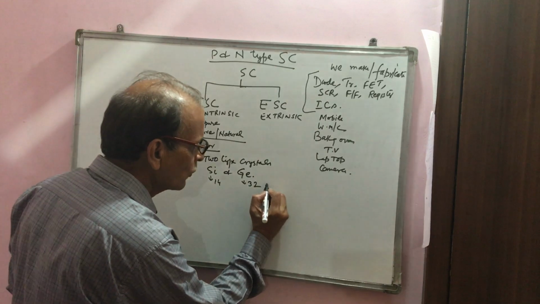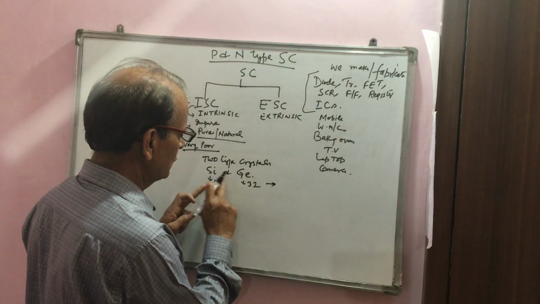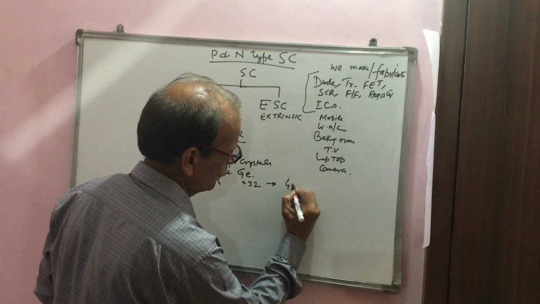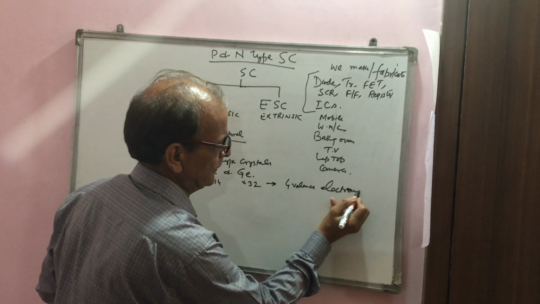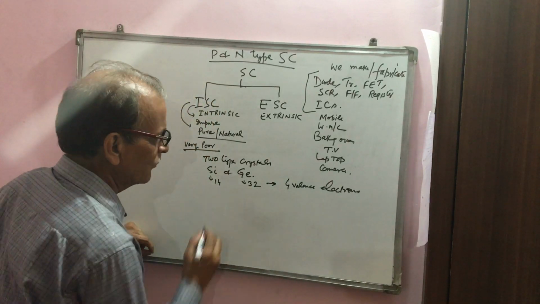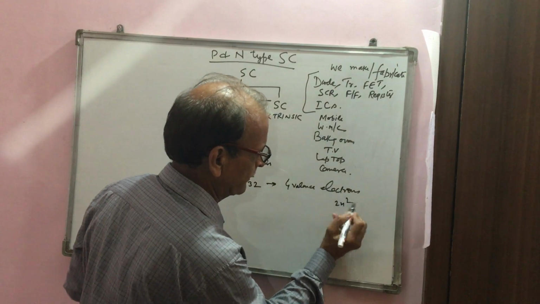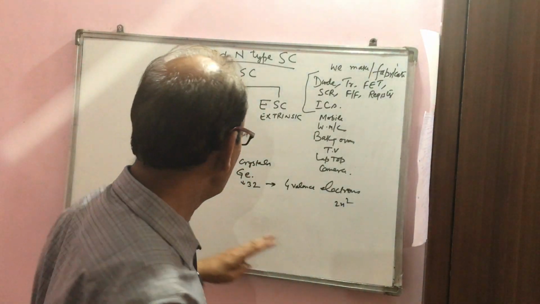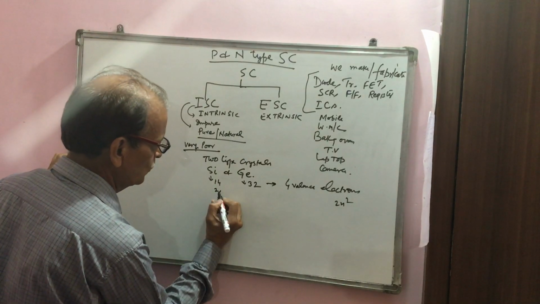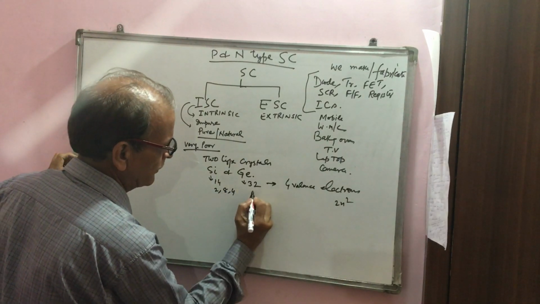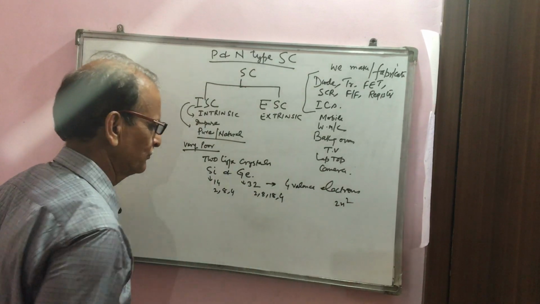The outermost orbit of silicon and germanium contain 4 valence electrons. Because with the help of formula 2n square, we can place number of electrons in first, second and third orbit like this: 2, 8 and 4. In 32, it is 2, 8, 18 and 4.